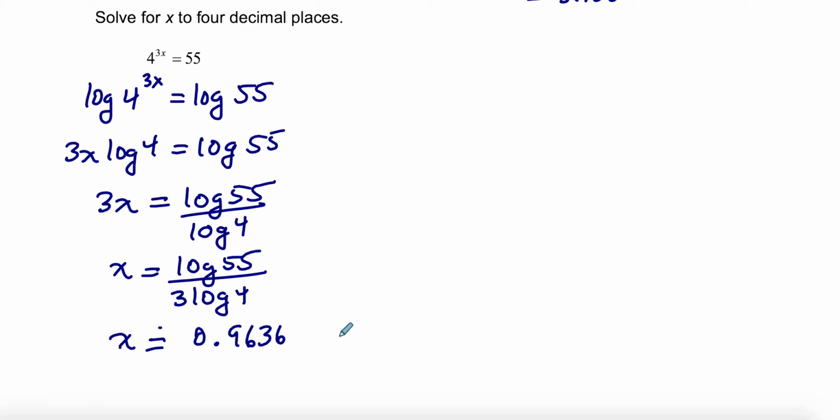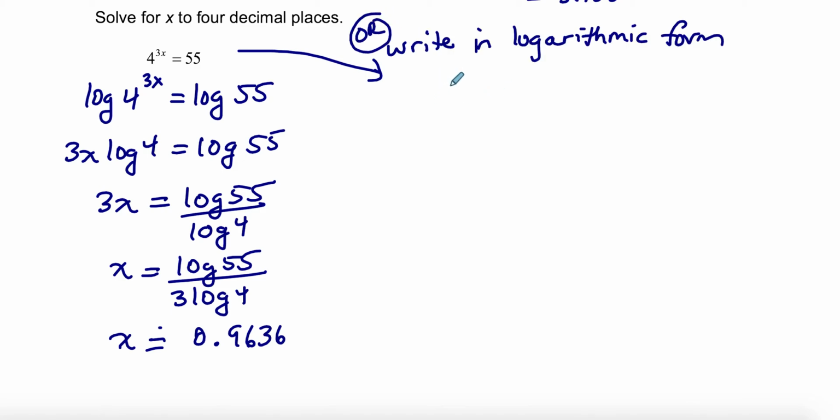Maybe a different way, if you just want to think about writing in logarithmic form, what I had originally is 4 to the 3x equals 55. So in logarithmic form, I know that 55 was my answer, my base was 4, and the answer in logarithmic form is my exponent.